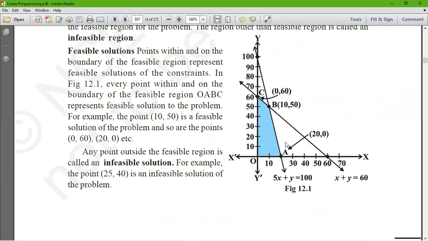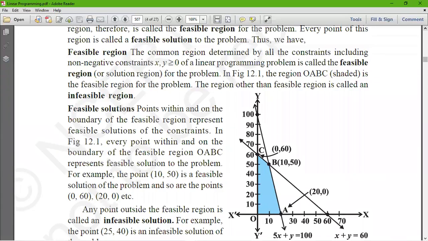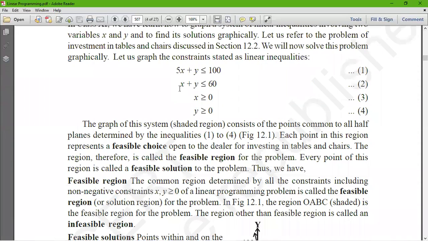Again, we check the line x plus y equals 60, but the condition is x plus y less than or equal to 60. Again, we put 0, 0. 0 plus 0 is always less than or equal to 60. That means the region lies below the line because the origin lies below that line.